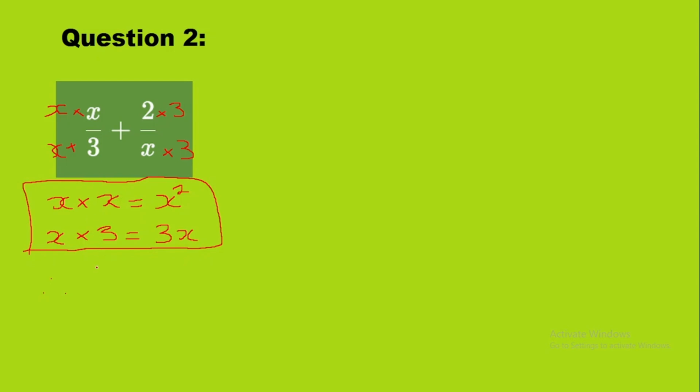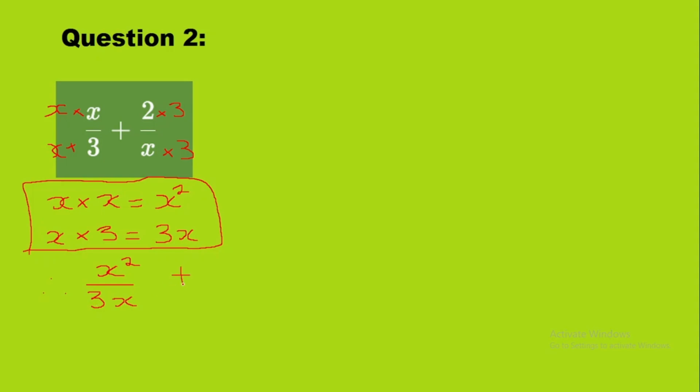So this will be x squared over 3x, and this is the first fraction after we multiply the x times the x, which will give you x squared, and the x times 3, which will give you 3x.